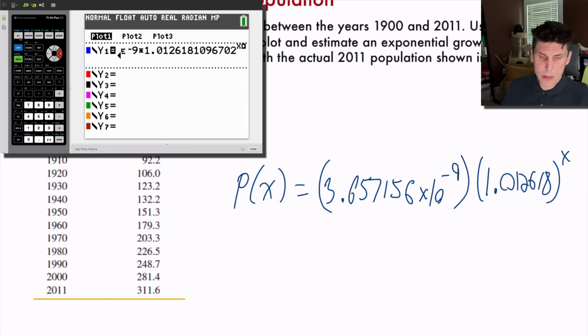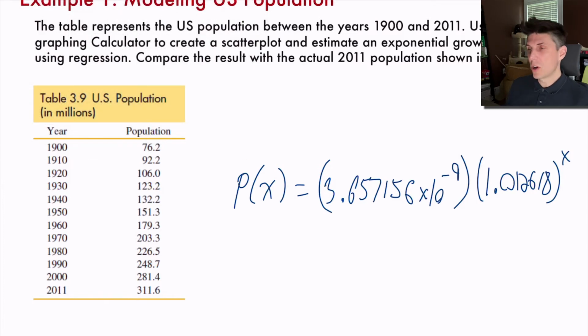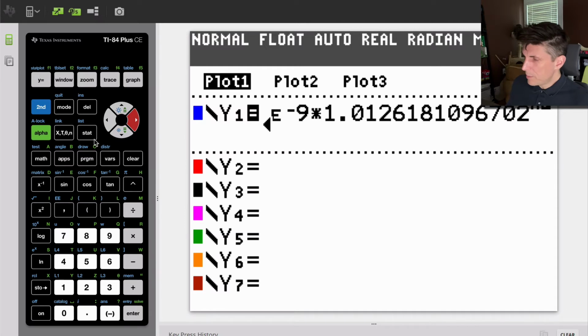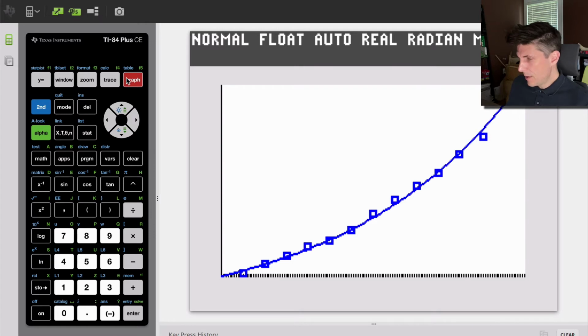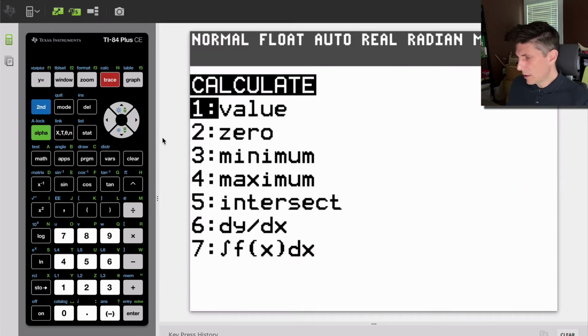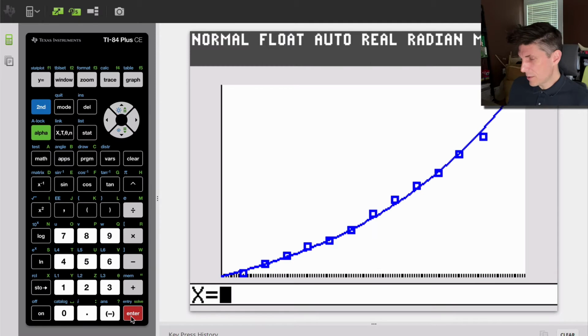So they say, okay, create a scatter plot and exponential growth equation using regression. We did that. Compare the result with the actual 2011 population. So there's a couple ways you can go about this. One would be to go into the graph again, and then you could go to second trace, and we could evaluate things that are actually literally featured on that graph. So I could go value, and it's going to ask me to plug in an X value.